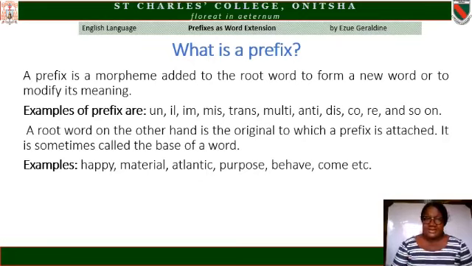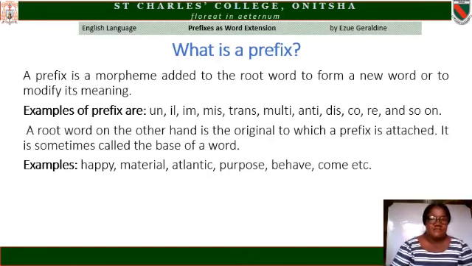In the grammatical rank scale, we have the sentence, followed by the clause, then the phrase, then the word, and the least is the morpheme. Morphemes are sometimes words, and they are meaningful. So, when a morpheme is added before a root word, we call that morpheme a prefix, and a new word is automatically formed.